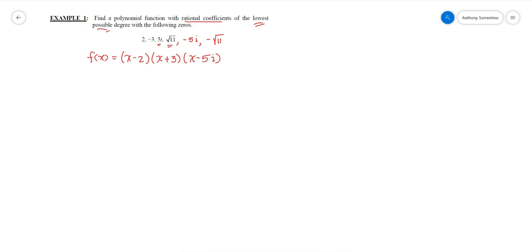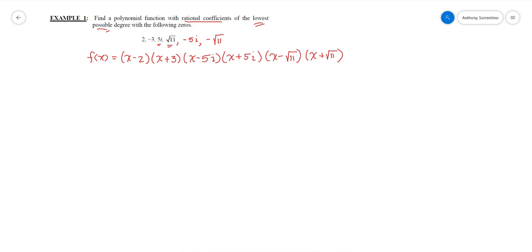And we already established that -5i had to be one as well, so x minus -5i, which becomes x plus 5i, is also a factor. Square root 11 is a 0, so x minus square root 11 would be a factor. And since negative square root 11 was also a 0 because it's a conjugate, x minus negative square root 11, which would become x plus square root 11, is also a factor.